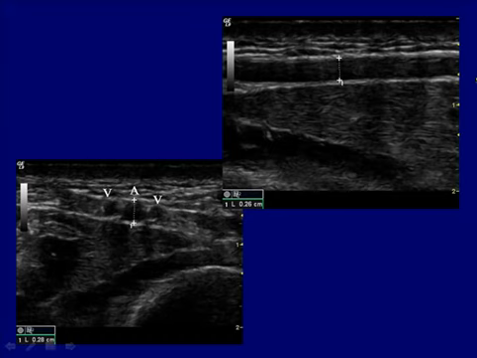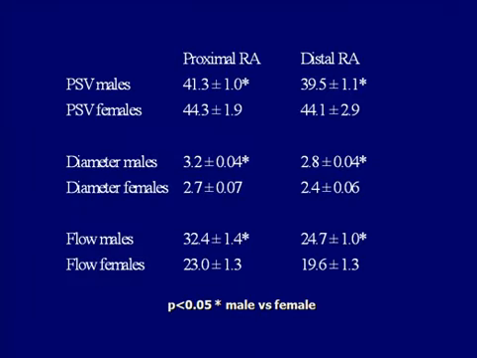In terms of measuring the diameter, it's probably best if we use a transverse view, and we can best appreciate that we're not oblique to this artery. You can do it sagittally, but we have to be very careful. In this example, the vessel measured sagittally was 2.6 millimeters versus 2.8 millimeters transverse. That's all right, but if somebody is borderline, we want to be careful and make sure we don't disadvantage them.